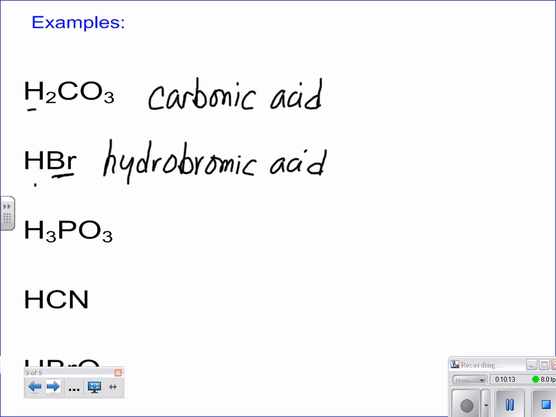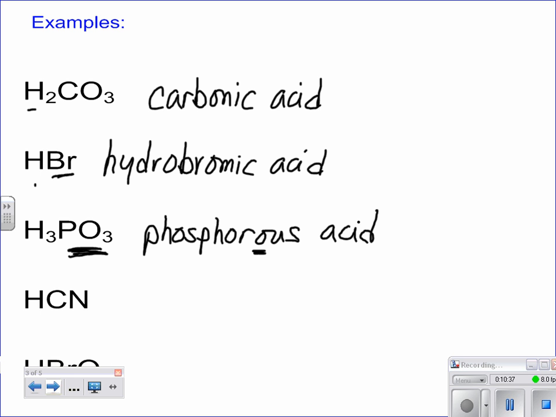Okay, H3PO3. Phosphorus, because that's phosphite. Phosphite changes to ous, so phosphorus acid. Notice if you think that that is just like you spell phosphorus, which is on the periodic table, the thing that's different is phosphorus doesn't have that O in there. So just to kind of help you out.